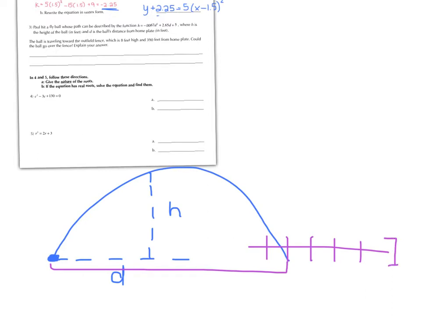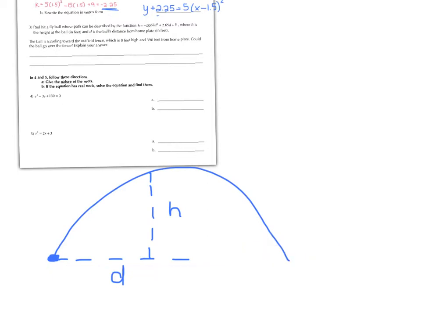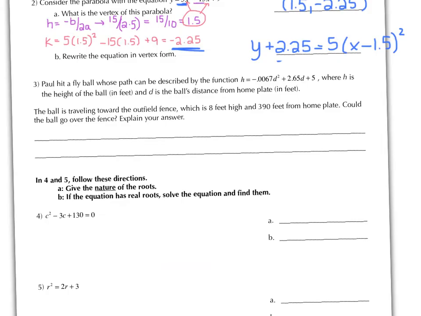And I want to know, when the ball reaches the fence, will it still be high enough in the air to go over the fence, or is it going to hit the fence and fall down? That's sort of the idea, okay? Let me get rid of that whole picture. There we go, back to our equation.